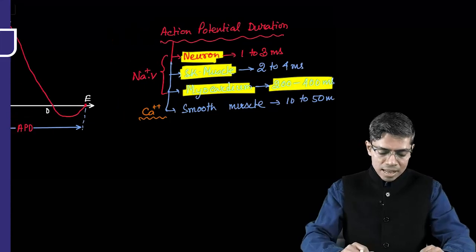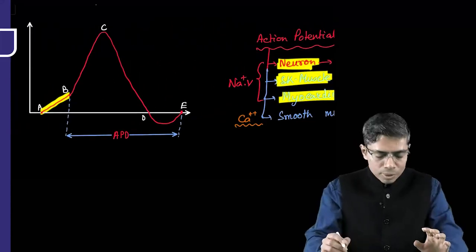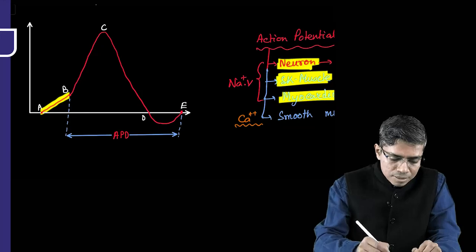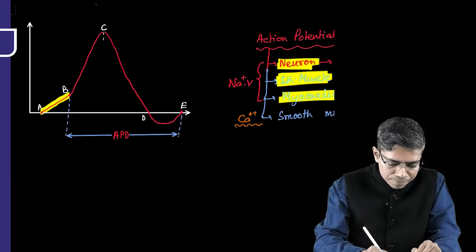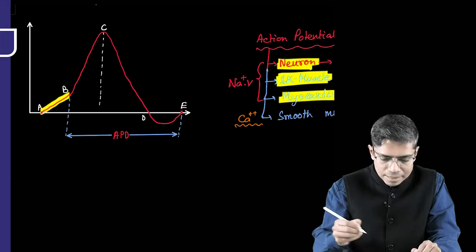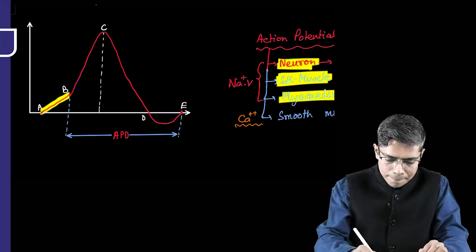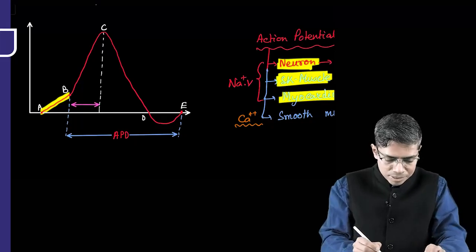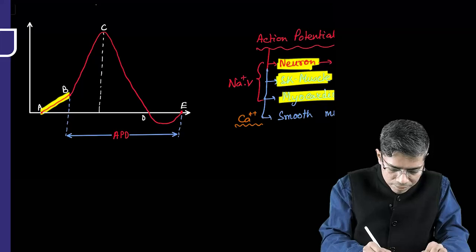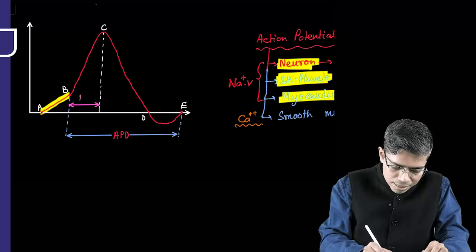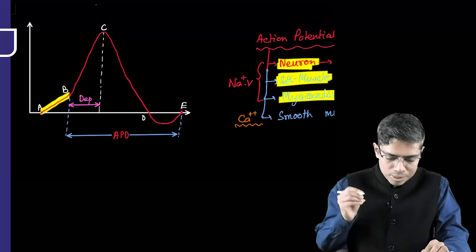So now we know about the action potential duration. Now if I want to note down the duration of the depolarization phase of the action potential, what I will do is drop a perpendicular from this point. So I'm dropping a perpendicular from here, and if I measure the time duration in between these two, this is nothing but the depolarization phase time duration.